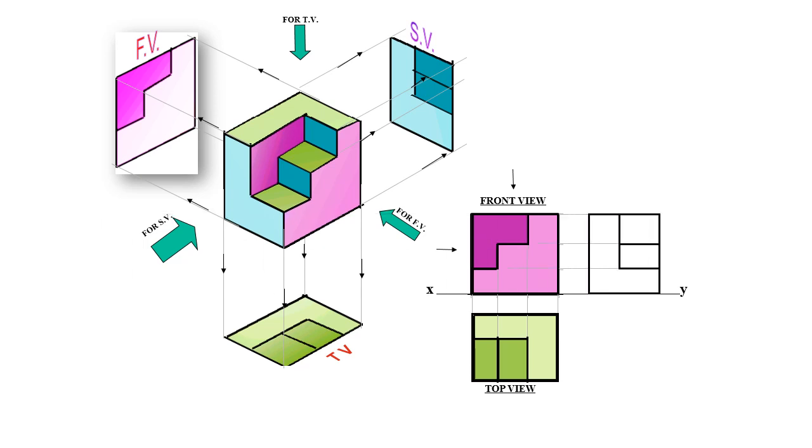In this case, the side view is called the left side view. The side view you draw to the left of the front view is called the left side view. To the right of the front view is called the right side view.